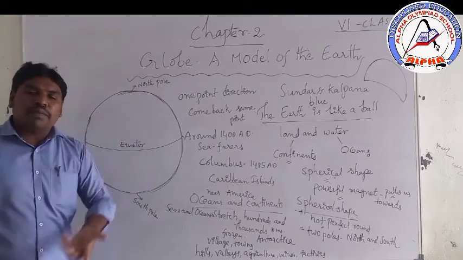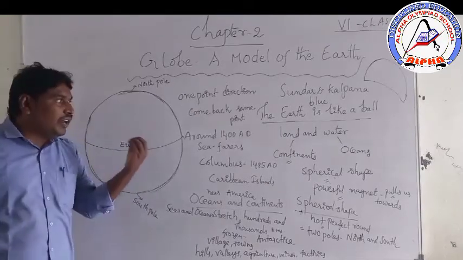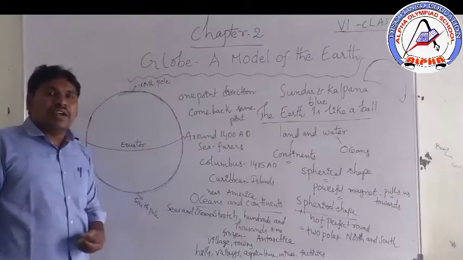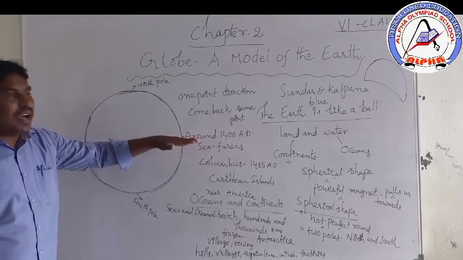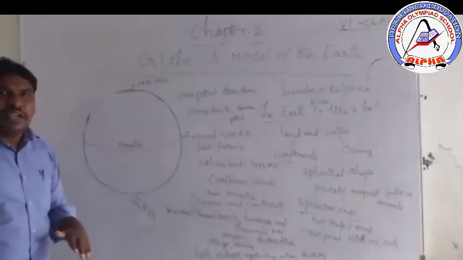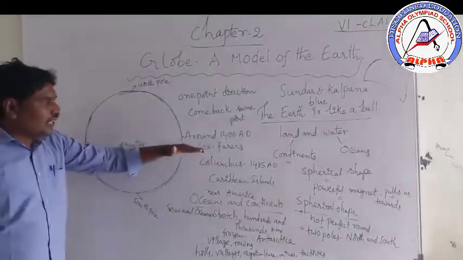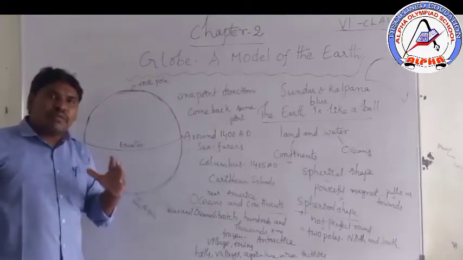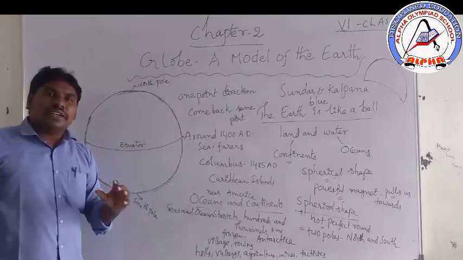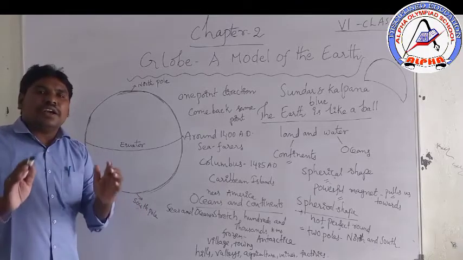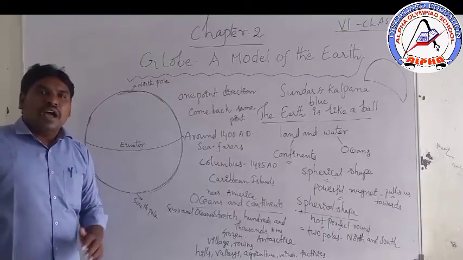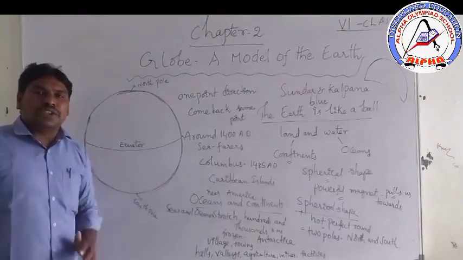So people before believed the earth was flat, but around 400 AD, the scientists and seafarers came to understand that the earth is not flat, but round, like a ball or disc.